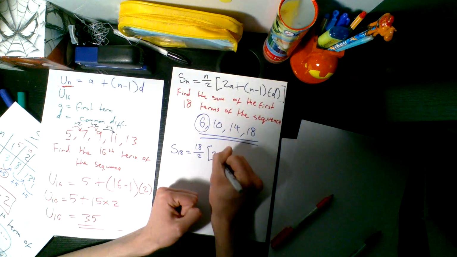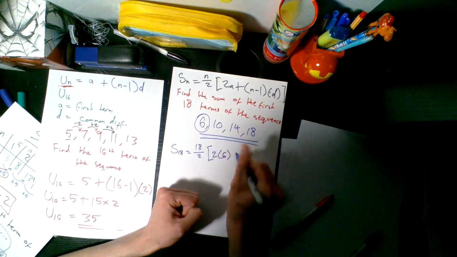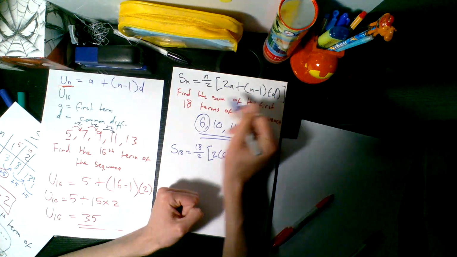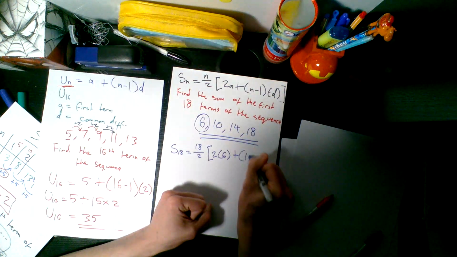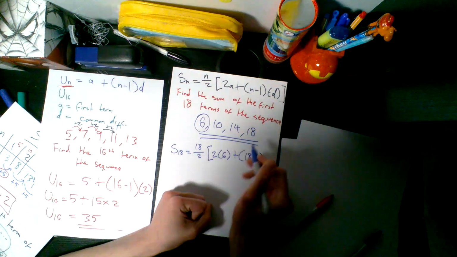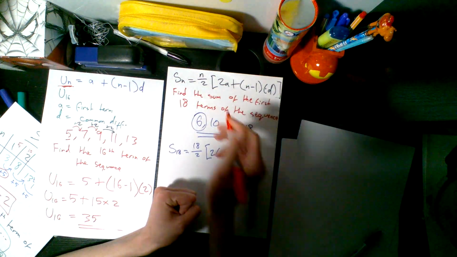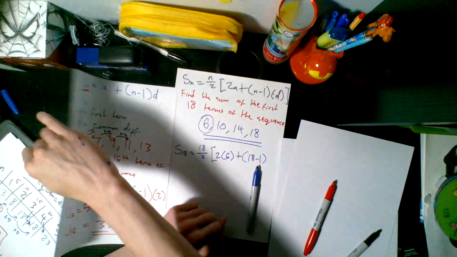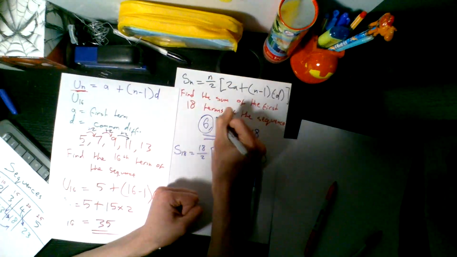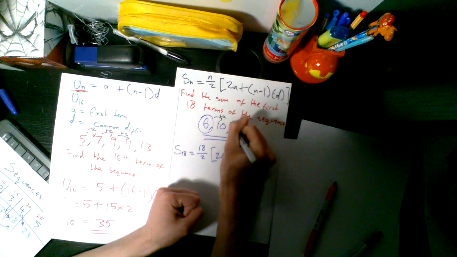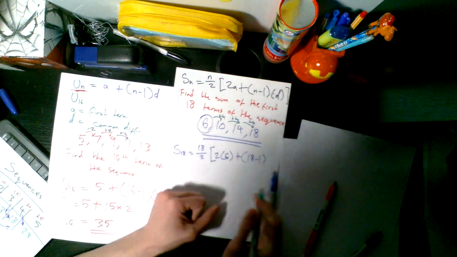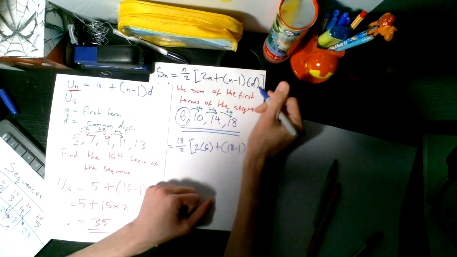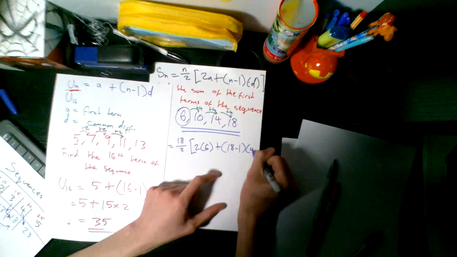So 2 times 6 plus n minus 1. We said n is 18 because we're finding the sum of the first 18 numbers. So 18 minus 1 times the difference. In this case the difference is plus 4, so times the difference, which is 4.